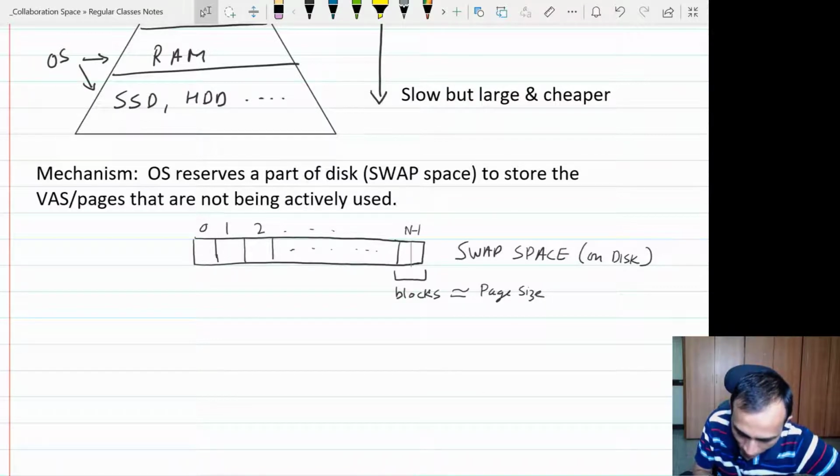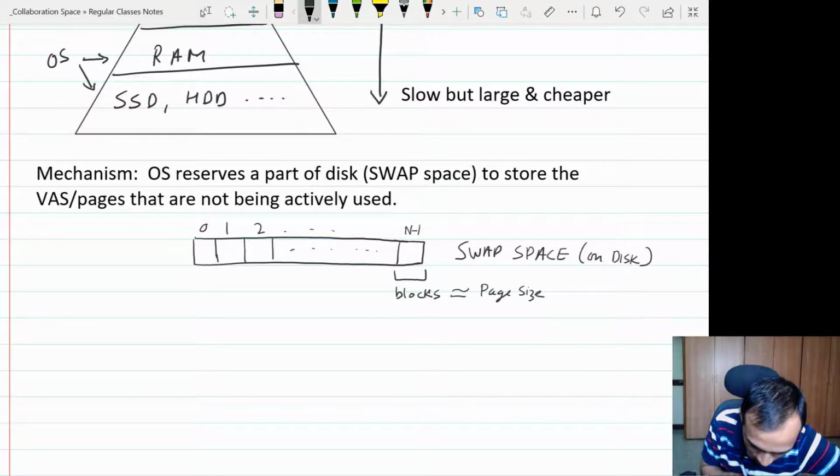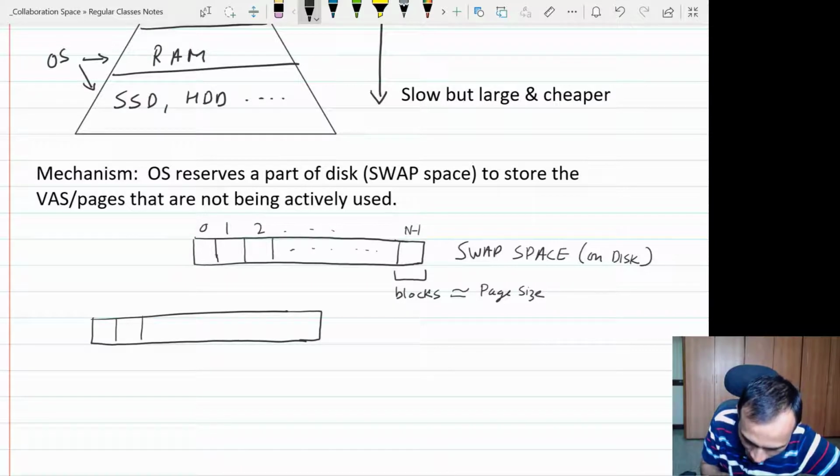So on your disk you have some portion which is reserved, maybe n blocks. Now you have your memory also, which you know is divided into frames, maybe let us say m frames. These are our page frames.